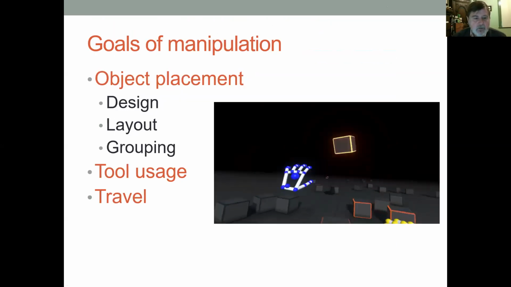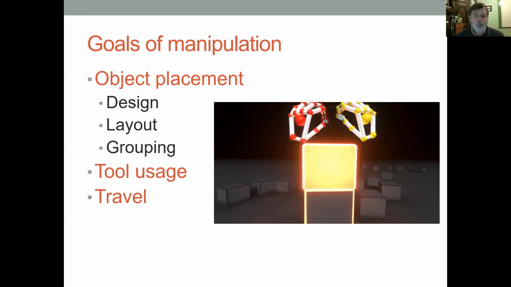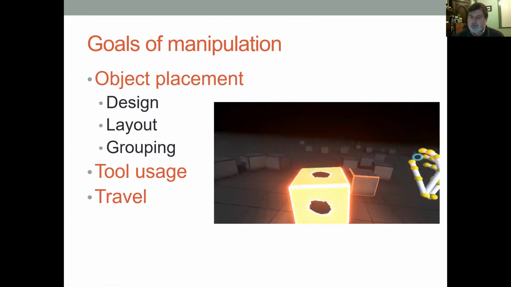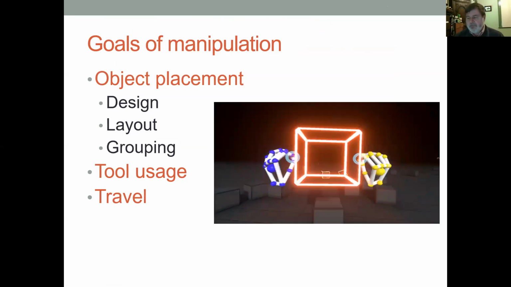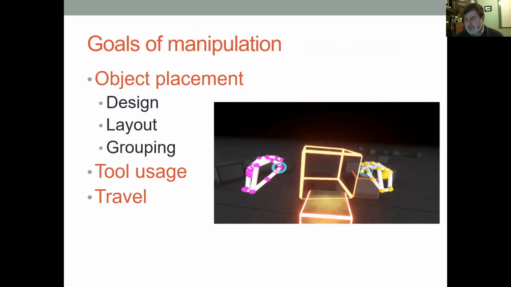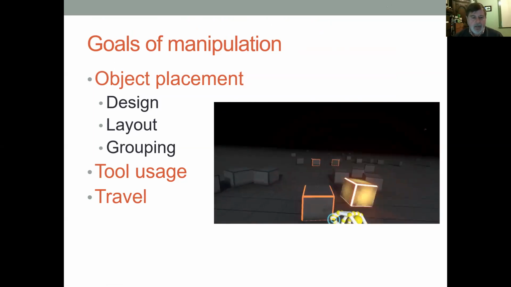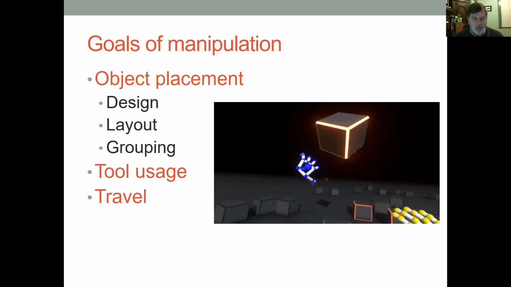Okay, manipulation. What we want to do is the same things that we do in 2D interaction. We want to move things around, group things, scale things, rotate things, apply tools to them, and travel.